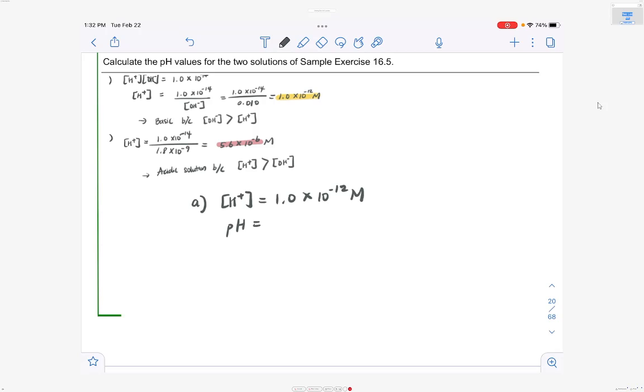The pH is going to be the negative log of 1.0 times 10 to the negative 12, which equals 12.00. The original value had two significant figures, so you need to have two significant figures in the decimal place.